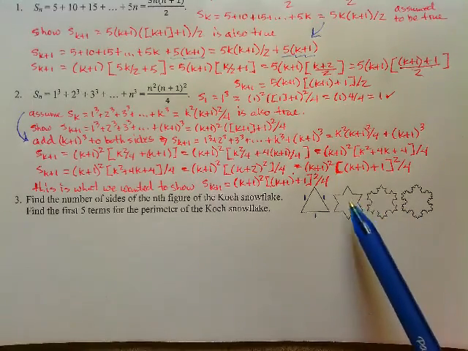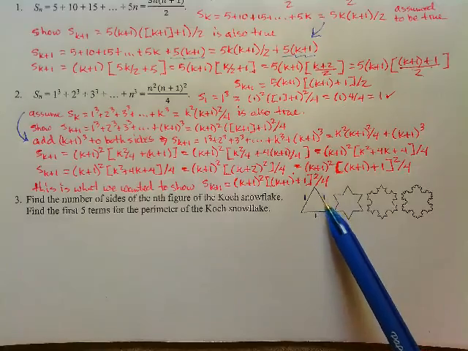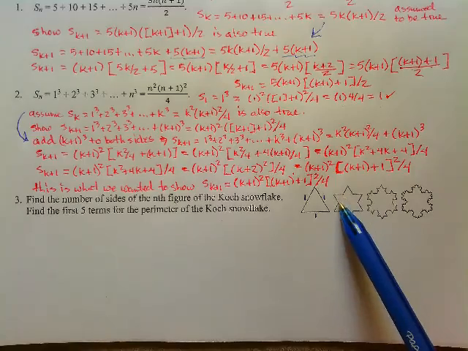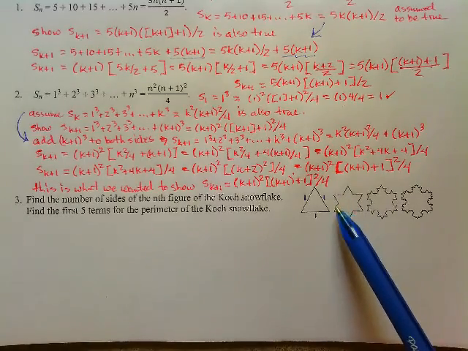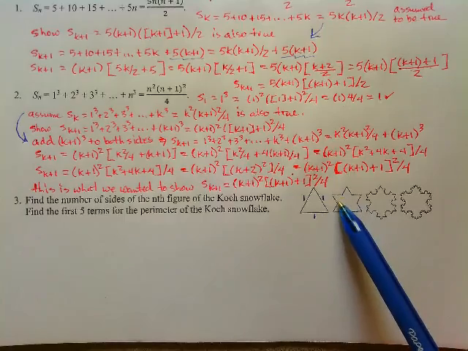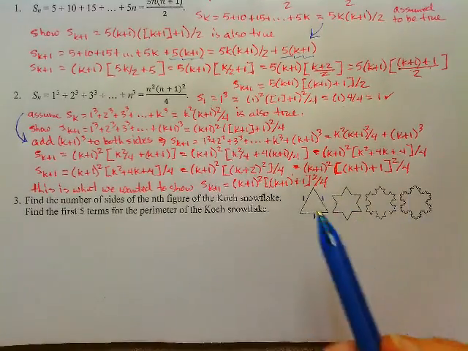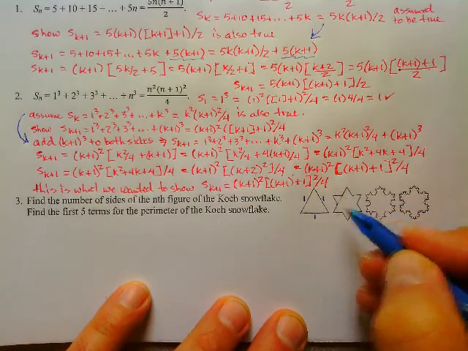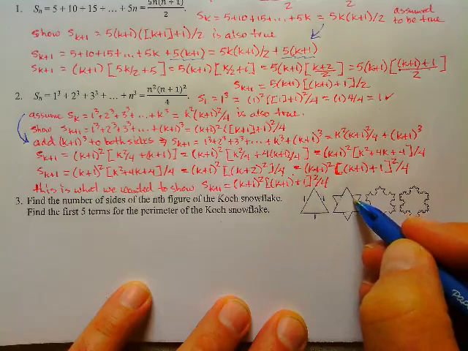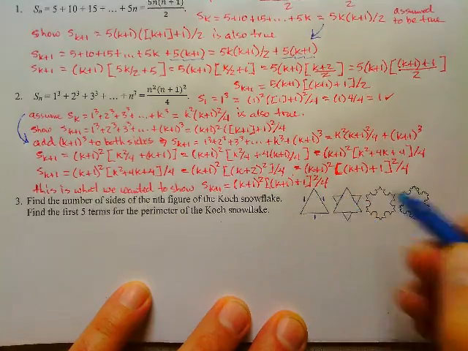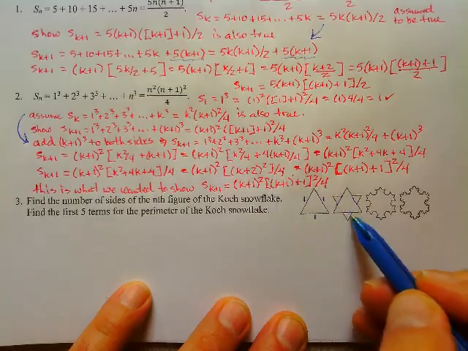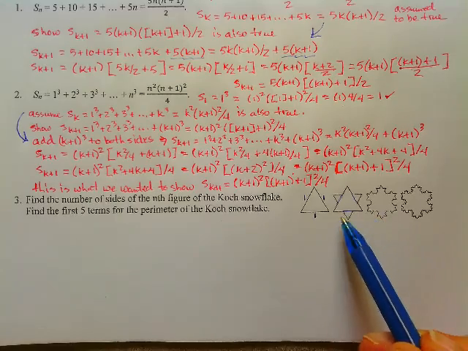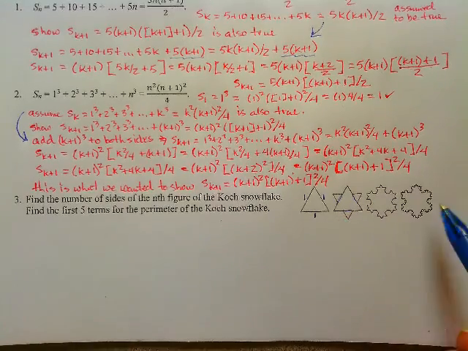Then basically the middle third, you eliminate that part of the line, and you put in an equilateral triangle where that existed. That's where the lines were, but we got rid of that middle third and created another, smaller triangle. Then on each of these sides, we again took the middle third and put another triangle in there.